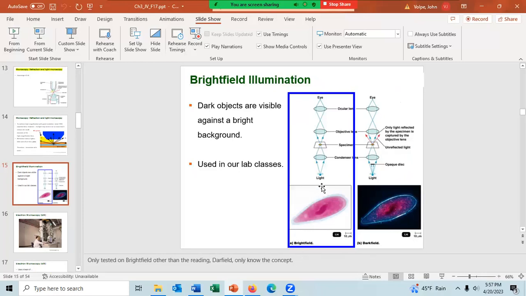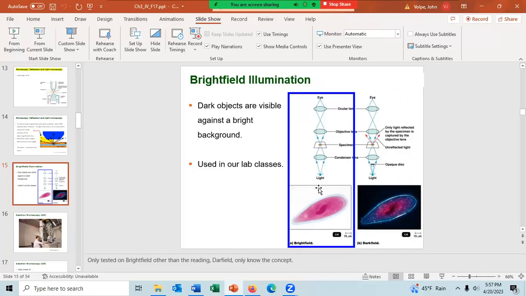What's happening is the light source is giving out light, and the rays coming through the condenser lens, going through the specimen, being captured by the objective lens.